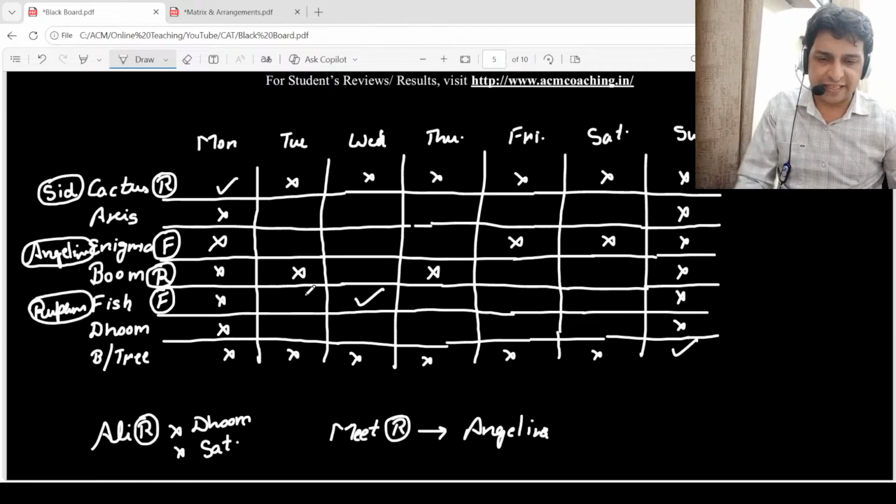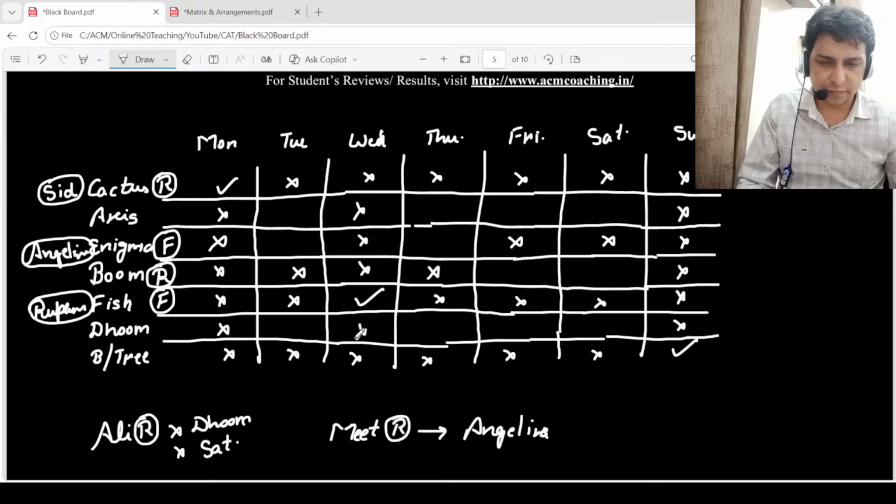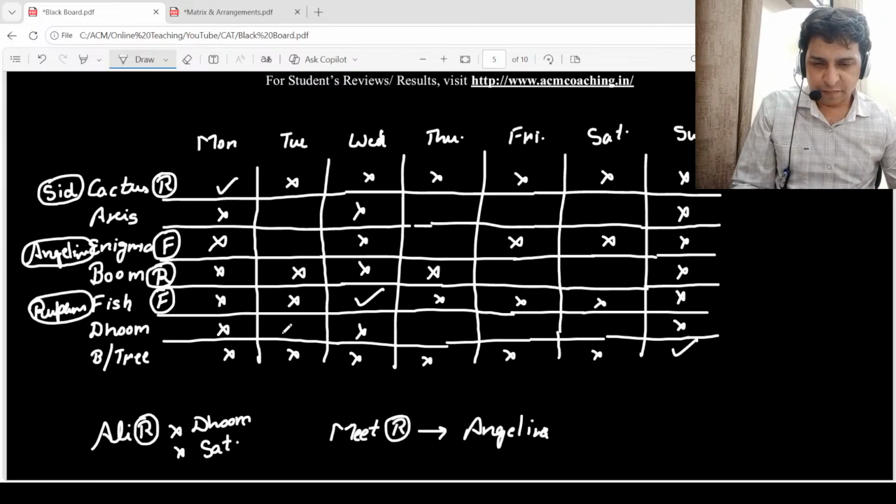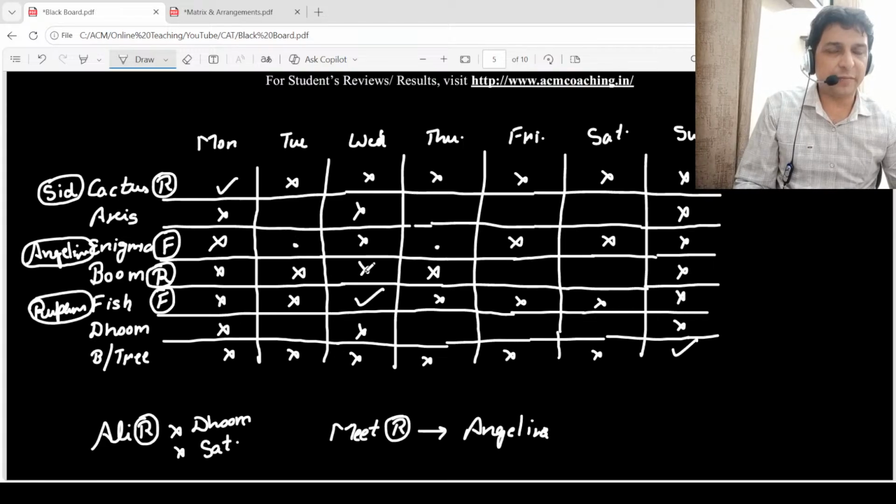Now Fish is on Wednesday, that means Fish will not perform on any other day, and on Wednesday nobody else can perform. Now for Enigma, we have either Tuesday or Thursday available. Tuesday she can't be, because before Angelina, Meet has to perform.